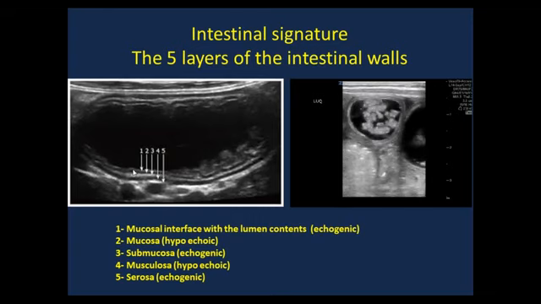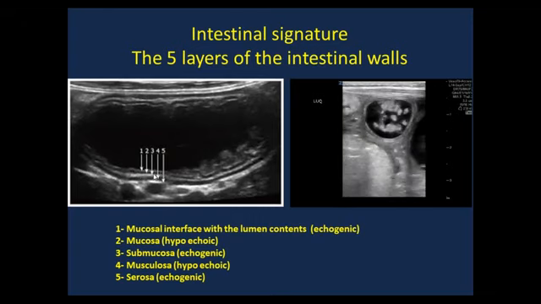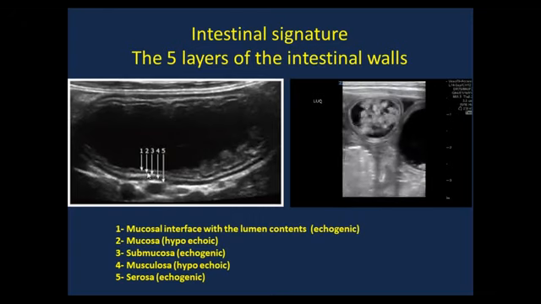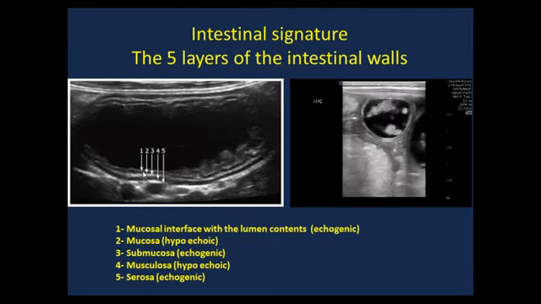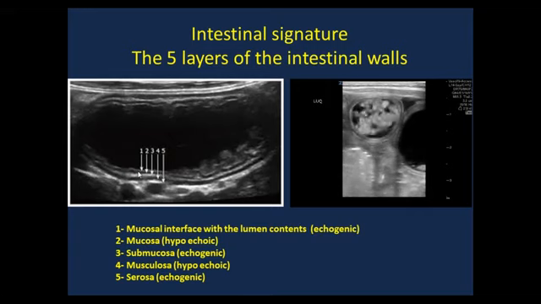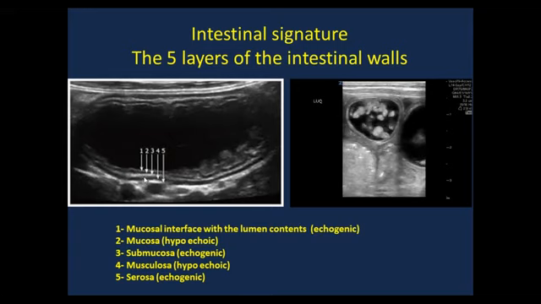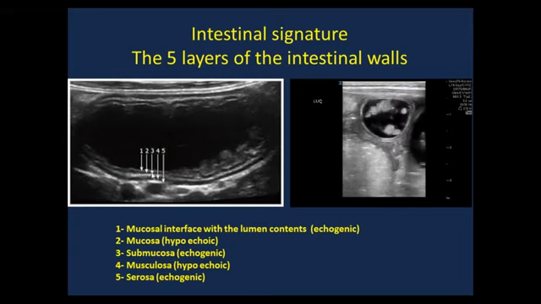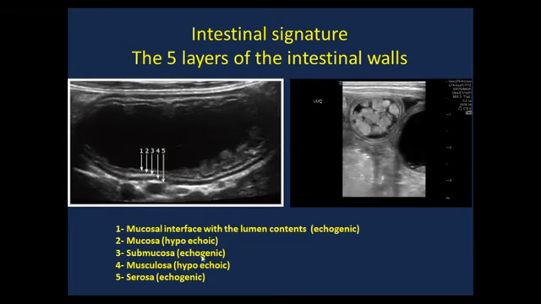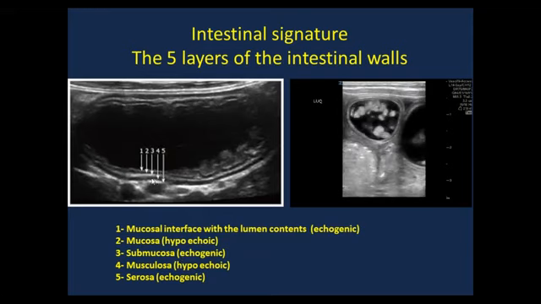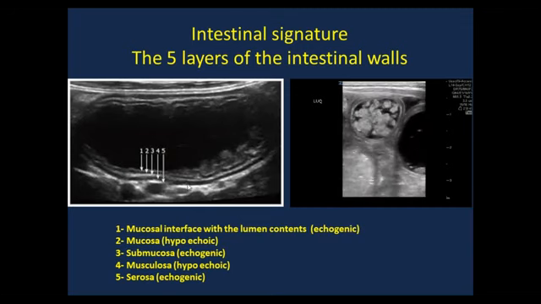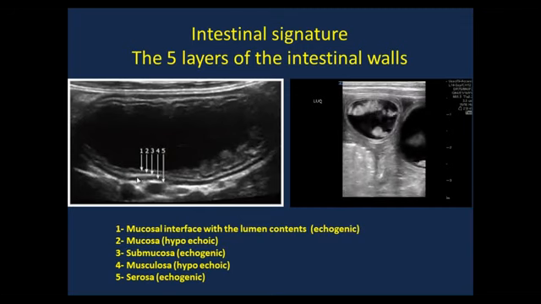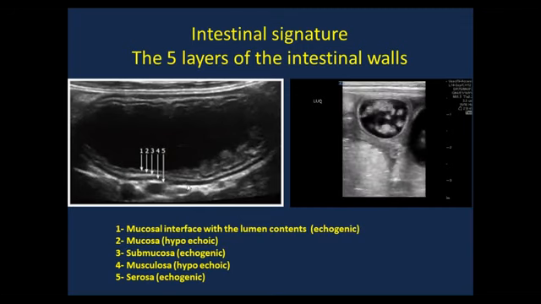And we know in ultrasound the hypoechoic layers are the layers receiving more blood, and the 2 layers richest in blood supply are the mucosa and musculosa. So we have layer number 3, which is submucosa, echogenic as well, and then the second hypoechoic layer, which is musculosa, also receiving very good blood supply, that's why it appears hypoechoic or dark.